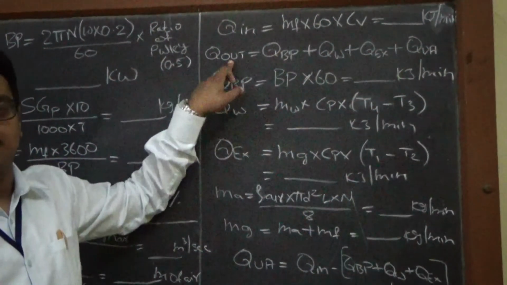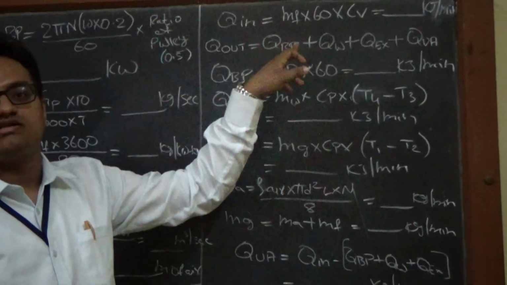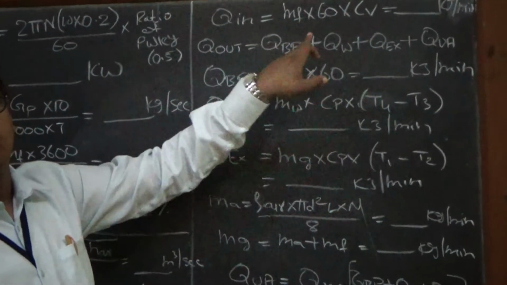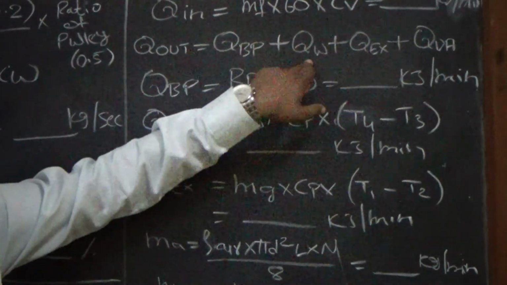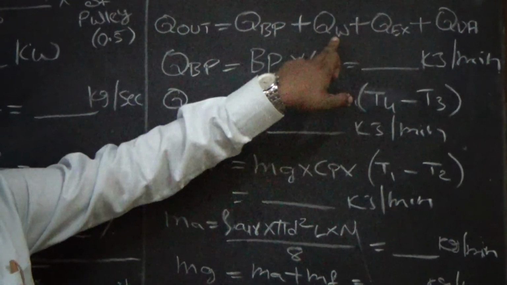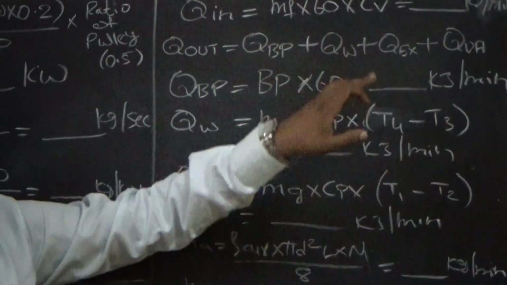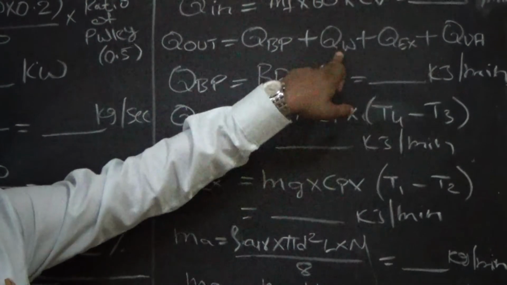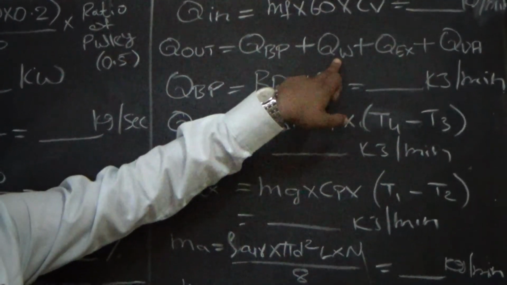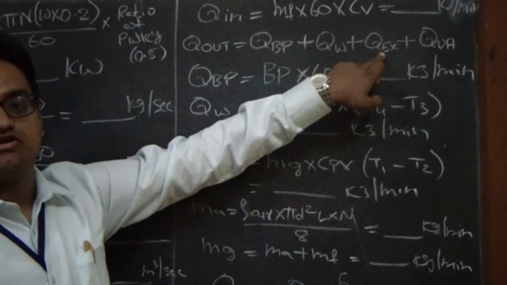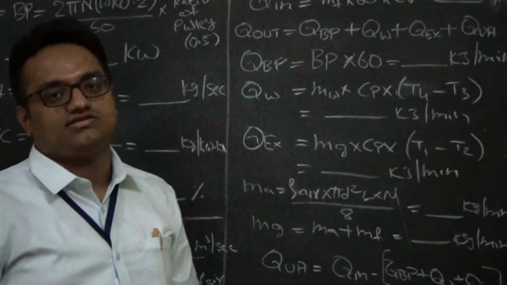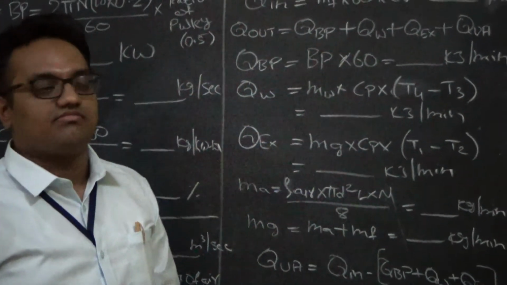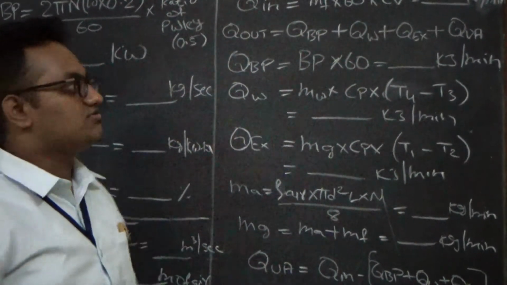Following that, we have the heat output. Heat is being dissipated by converting it into brake power, so heat equivalent to brake power. We also have water carried by the cooling system: the cold water takes away some of the heat, and exhaust gas carries some of the heat, and there are some unaccountable losses that cannot be calculated.